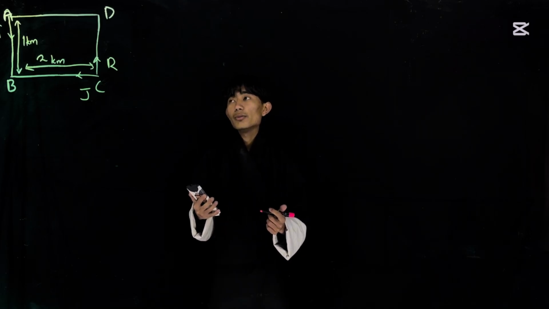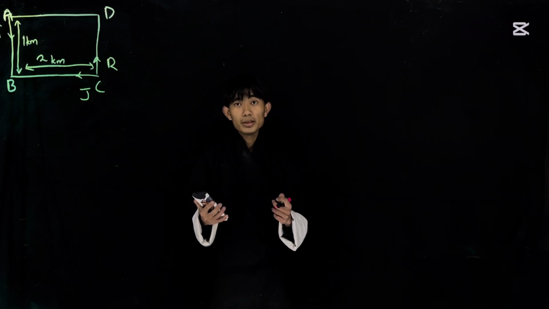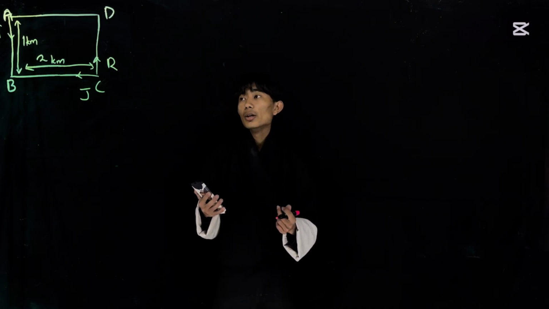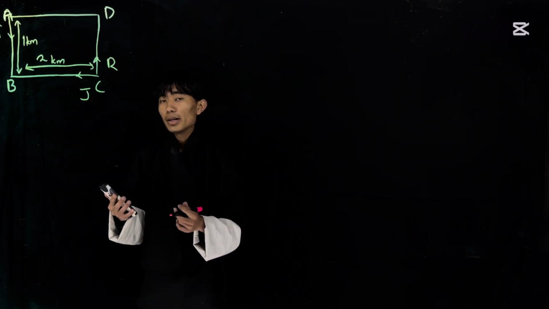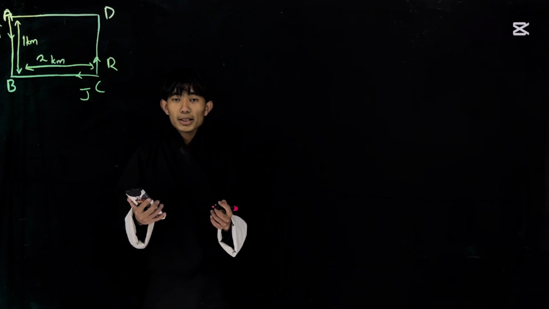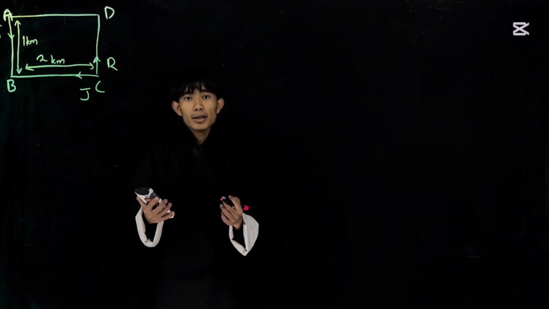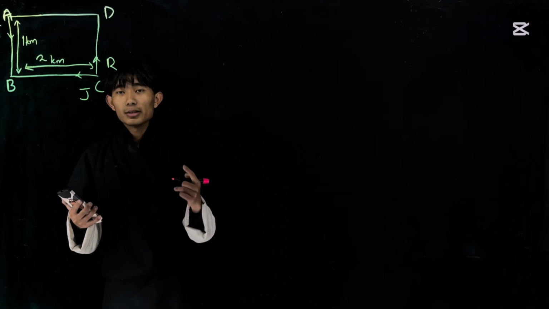So in the question we are given a rectangular track, and they are using this track to practice for their upcoming competition. We are given the dimensions of the track, that is 1 kilometer by 2 kilometers. With that, we are also given the constant speed at which each rider travels and the direction in which each rider is traveling. So we will quickly write this information down.